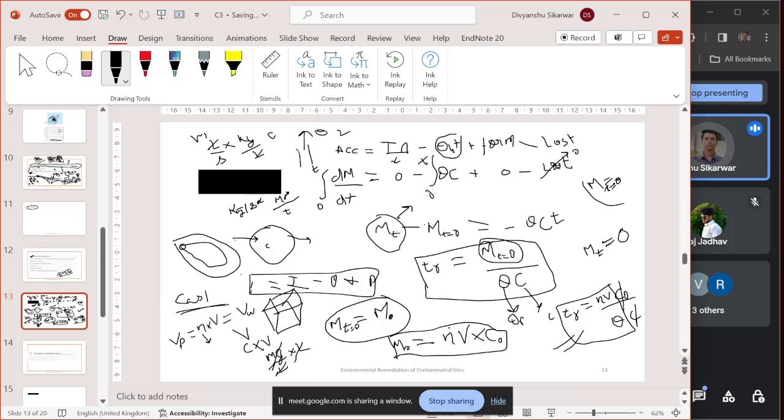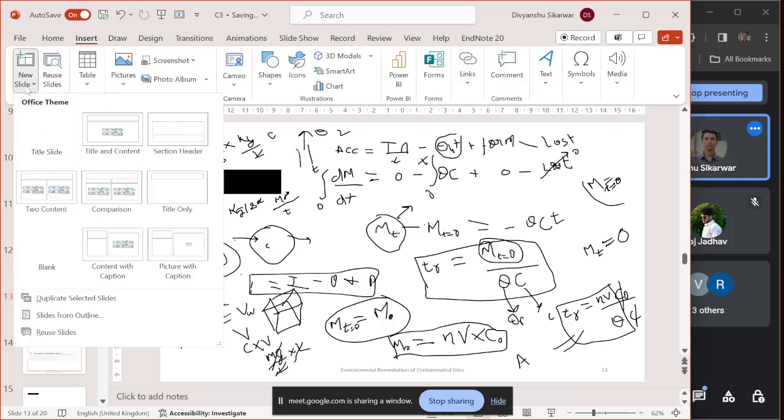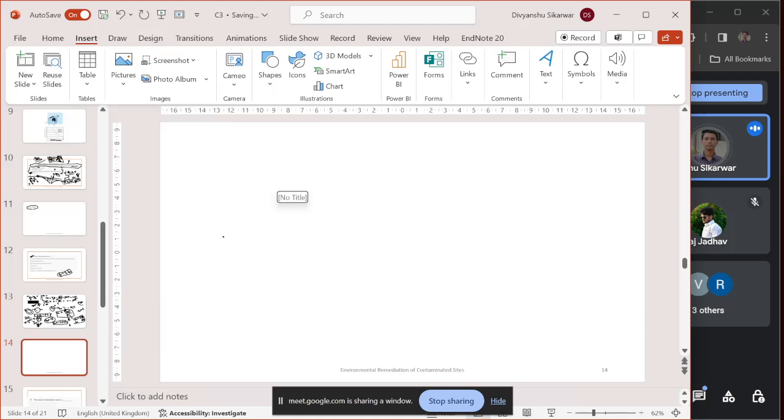Similarly, a similar formula can also be derived for case two, where the contaminant is aqueous as well as adsorbed. So let's insert a new slide. In case two, where the contaminant is aqueous as well as adsorbed on soil, the MT value will be the total M naught value.